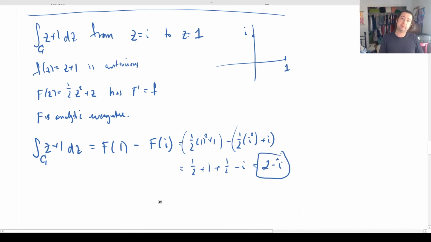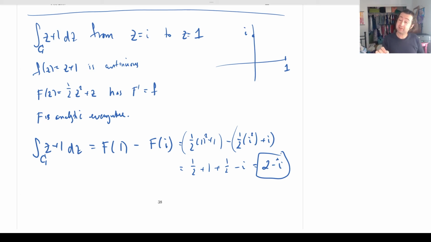So the fundamental theorem of calculus is an incredibly useful tool for evaluating these things that allows you to avoid having to work with the parametrized paths, as long as the function is analytic on a simply connected domain containing the curve. Now, the most interesting questions are going to be those for which that is not the case, but when we can do this, we definitely want to.